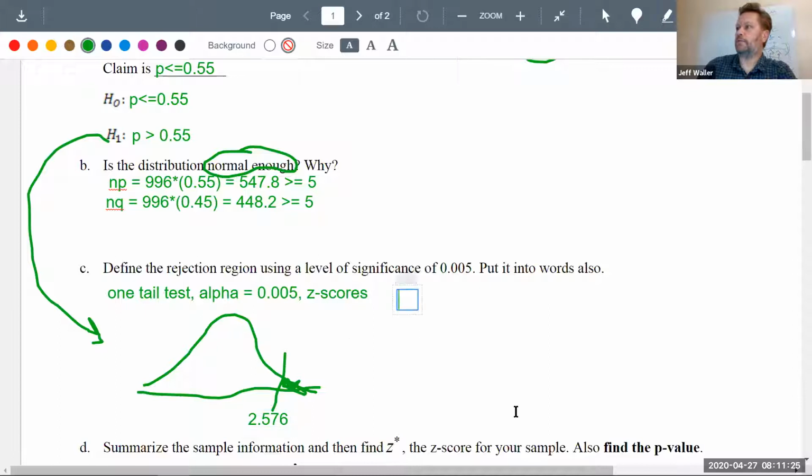Take a minute. Can you write that in English, in words? If Z star is what, then we do what? Here, you guys do that. Let me see if I can do this. There we go.